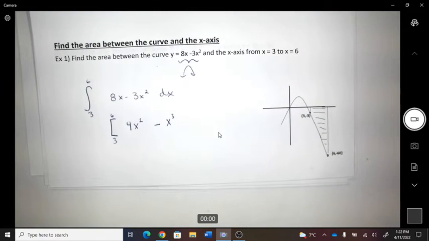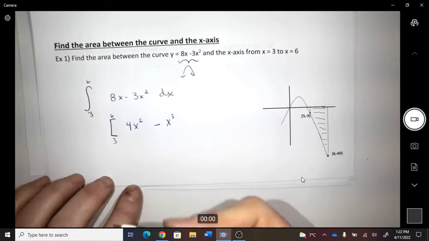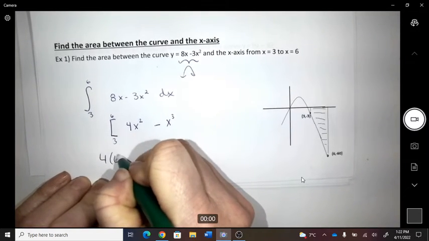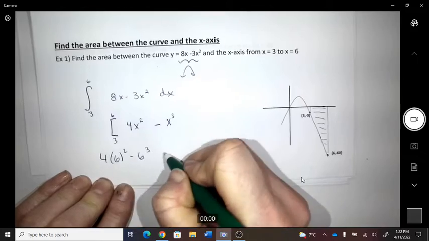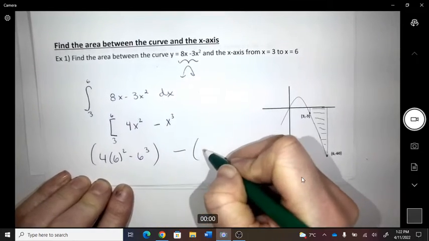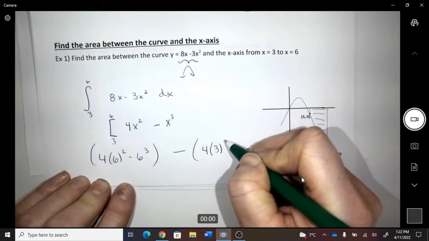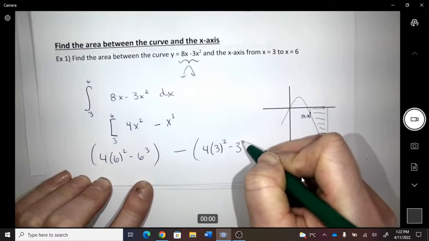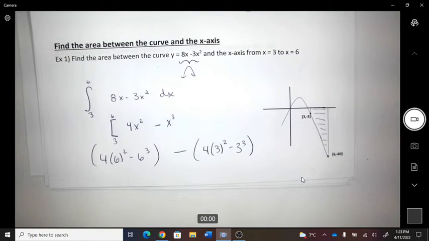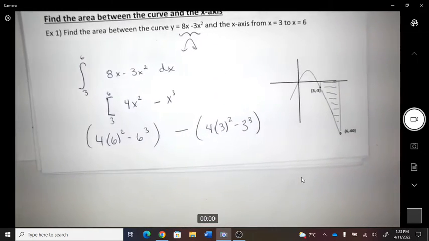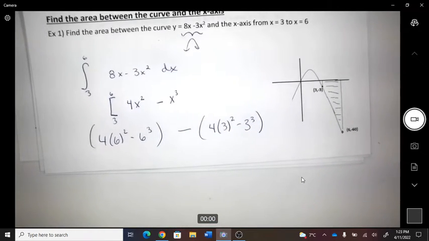Okay, so this is all old stuff. Now I'm going to do this with running a 6 through it, and I'm going to do that again, running a 3 through it. Okay, and you always subtract, right? Run a 6 through it, subtract, run a 3 through it.